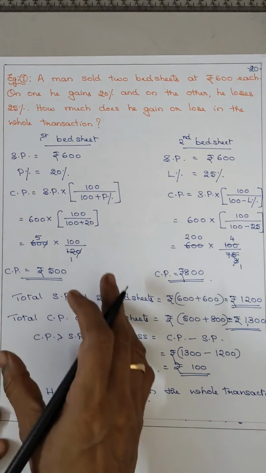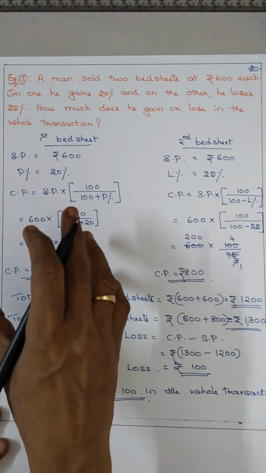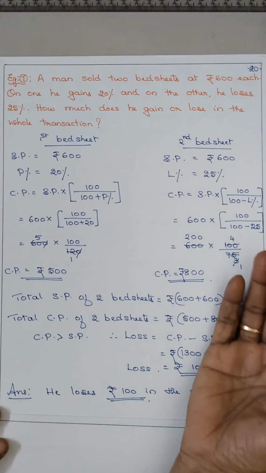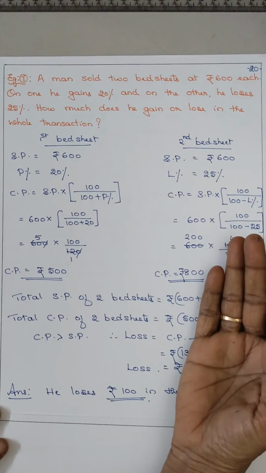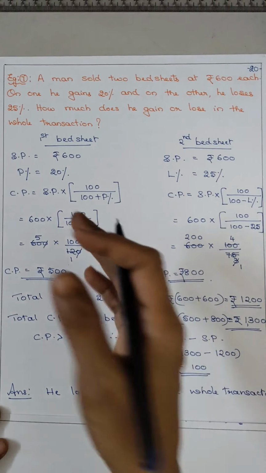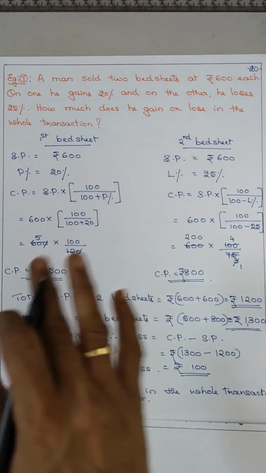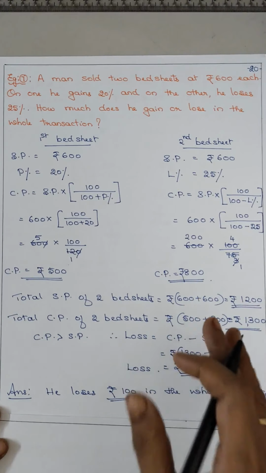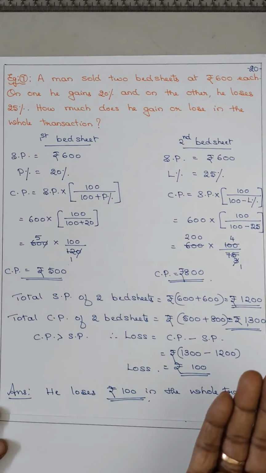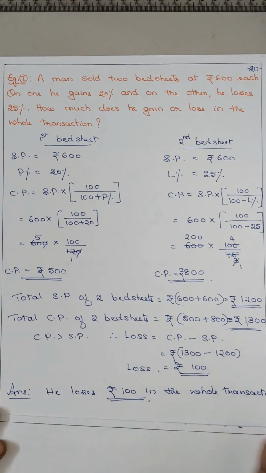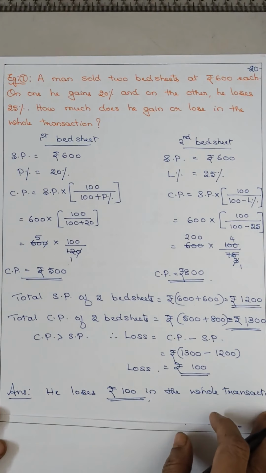So you have to find out the CP of the first bed sheet and the CP of the second bed sheet by putting the formula and the values. Then add the SP of both, add the CP of both, then find out whether CP is greater or SP is greater. Then either it is profit or loss.